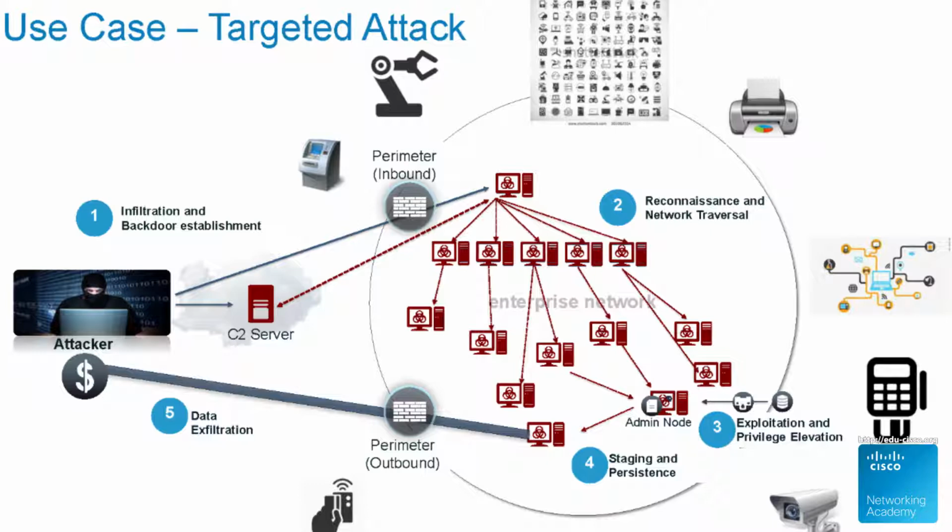Many customers that I sit down with, the majority of the things that are connected, the clients in the network, are not PCs and Macs and servers anymore. It's surveillance cameras, robots, ATMs, printers, access card readers, POS terminals. That can sometimes be 70 to 80% of the connected clients.